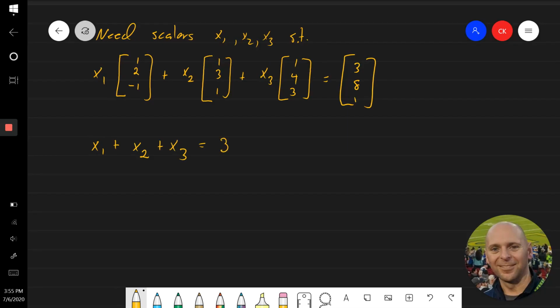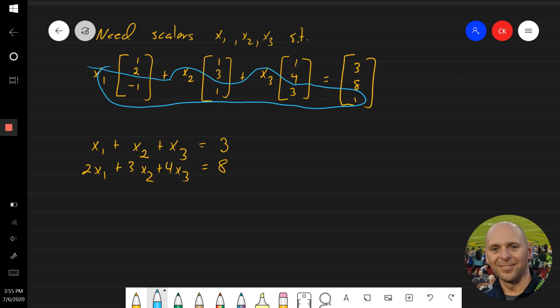The second line would be 2x1 plus 3x2 plus 4x3 equals 8. And multiplying up the third row, we get minus x1 plus x2 plus 3x3 equals 1. So there's your third equation.